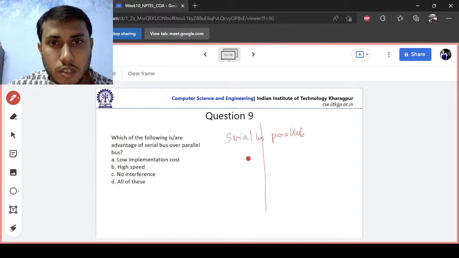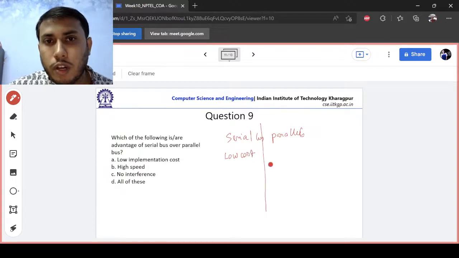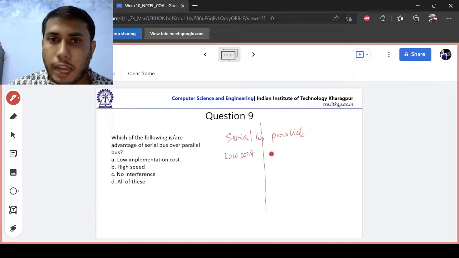serial is low cost. You need only one bus channel to implement it. Parallel is high cost, multiple buses will be required. Next, high speed.